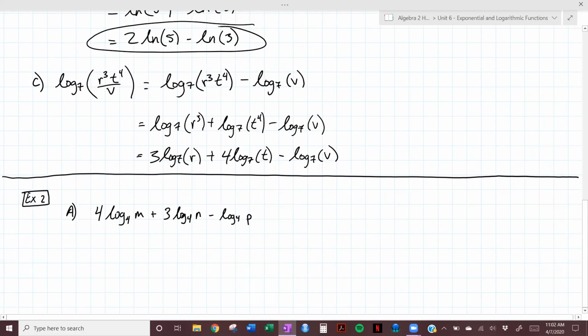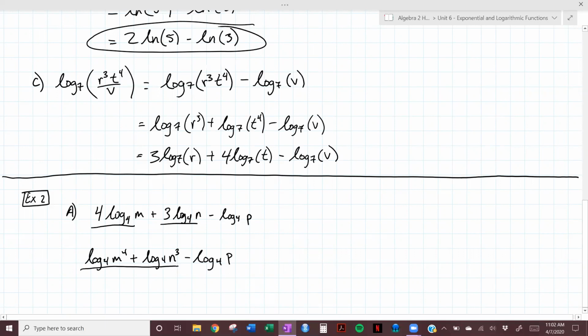Okay? So I'm going to focus on this one and this one first. So this becomes log base 4 of m to the 4th plus log base 4 of n cubed minus log base 4 of p.